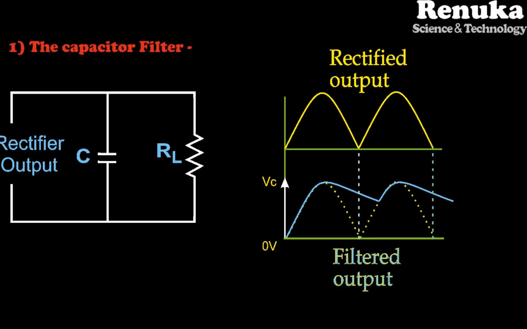So it will take a long time to completely discharge the capacitor. So the voltage across the capacitor will decrease slightly, and the next cycle of AC input voltage again charges it back to the peak value, and this will happen again and again because the cycles are repeating.